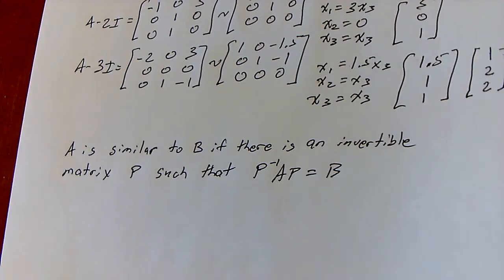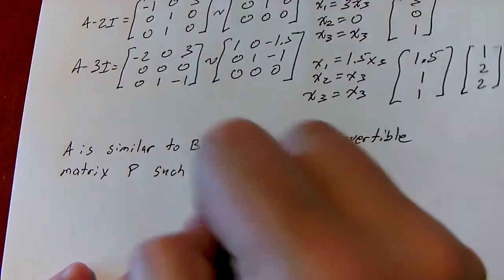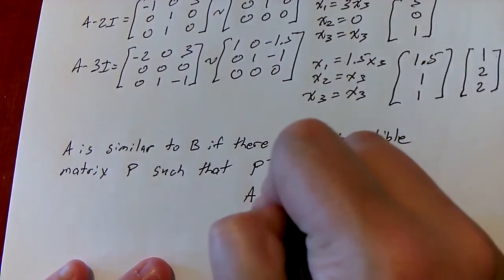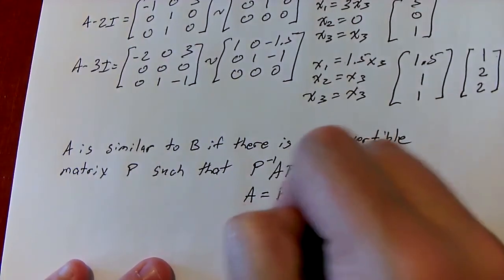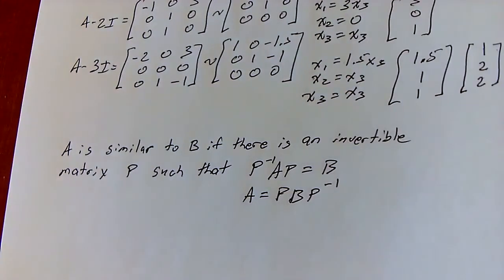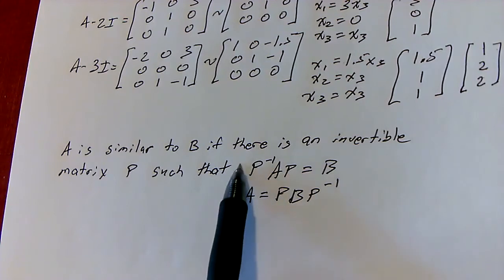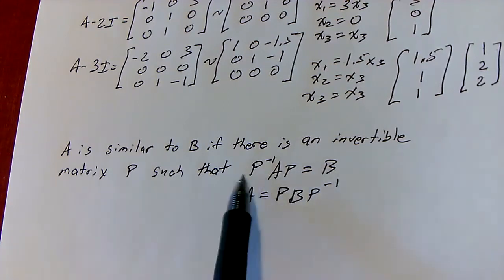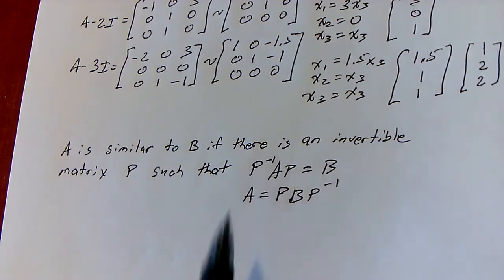Okay, we could also flip that around the other way, and we could write that A is equal to PB P inverse. We could write that in either fashion. Those are equivalent definitions, right? You can multiply by P on the left and start to get there, multiply by P inverse on the right and get there as well.